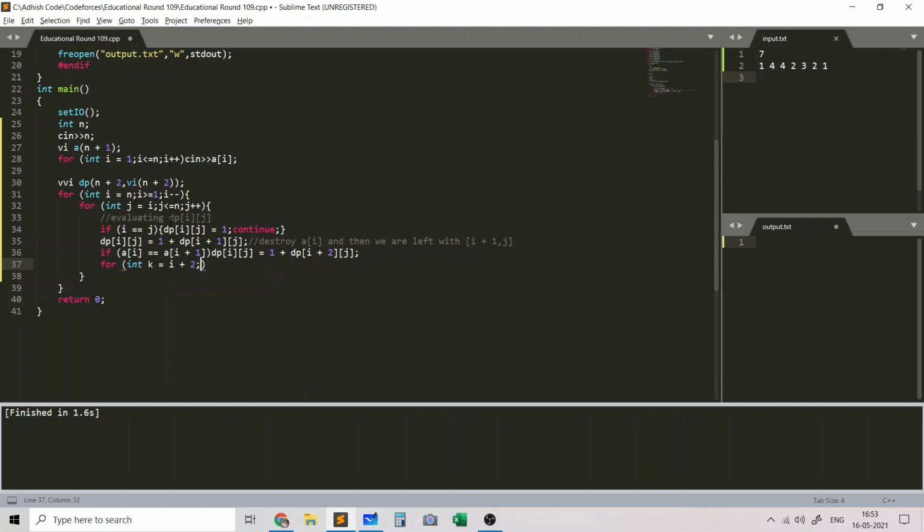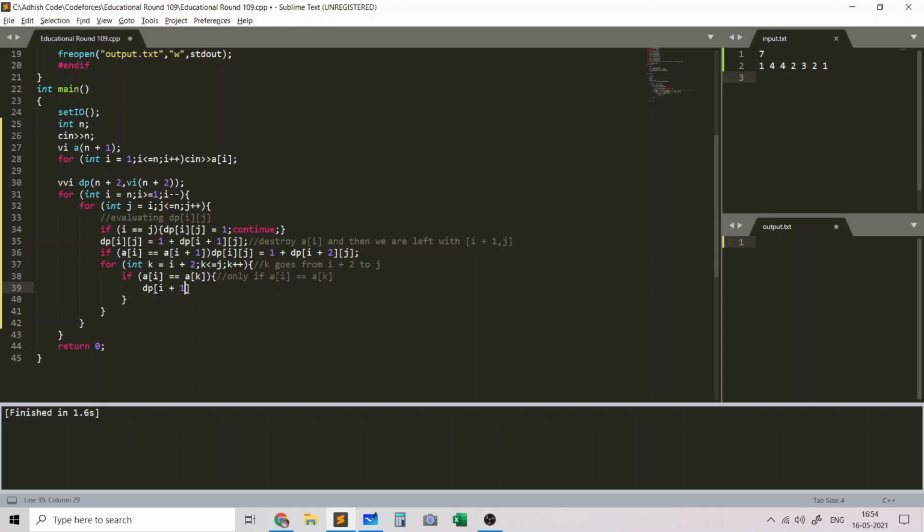Otherwise let's just iterate over all k. Notice that k goes from I plus 2 to j, because the first two cases we already take care of I plus 1 and I plus 2. So that's why k goes from I plus 2 to j, and then this would be valid only if ai is ak, because we could destroy the two gemstones together only if they are equal, and only then they would be part of the palindromic substring.